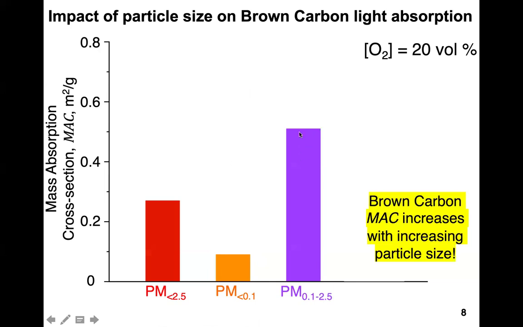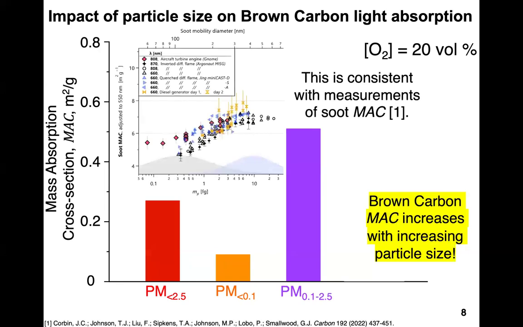As you can see here, the light absorption of the large size fraction of brown carbon is about 5 times larger than the light absorption of the small size fraction of brown carbon. So the brown carbon mass absorption cross-section increases with increasing particle size. And this trend is actually consistent with recent measurements of the soot mass absorption cross-section in different diesel engines and diffusion flames.